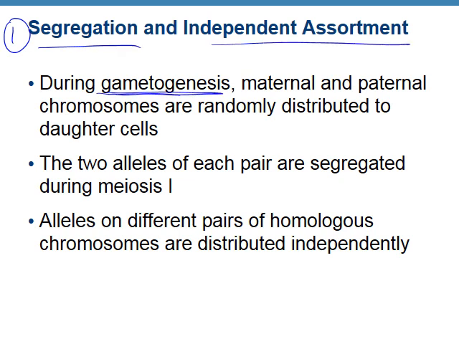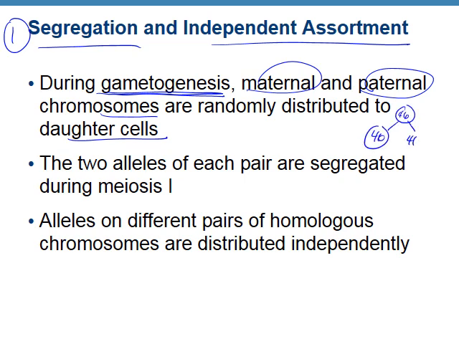So when developing gametes, gametogenesis, the maternal and the paternal chromosomes are randomly distributed into the daughter cells. So we're talking about when you go from this 46 to this 46 and this 46, we're saying these chromosomes that were here that copy themselves, those 92, were randomly distributed.